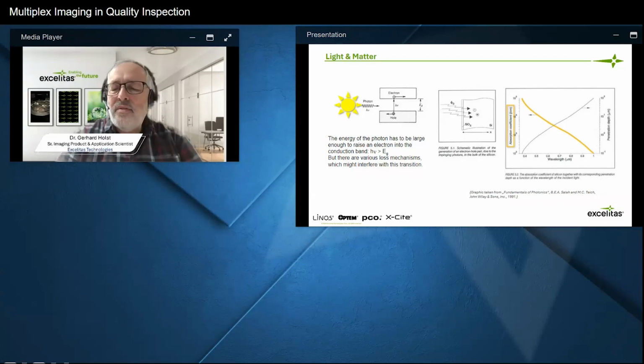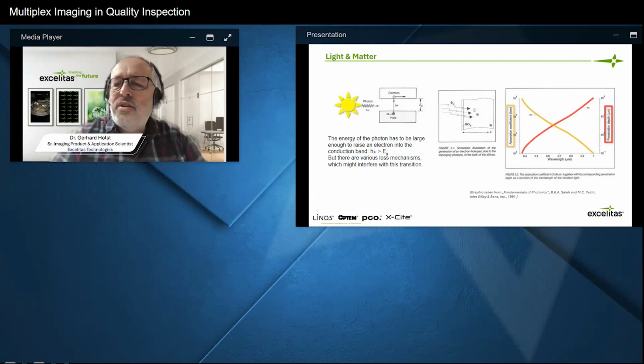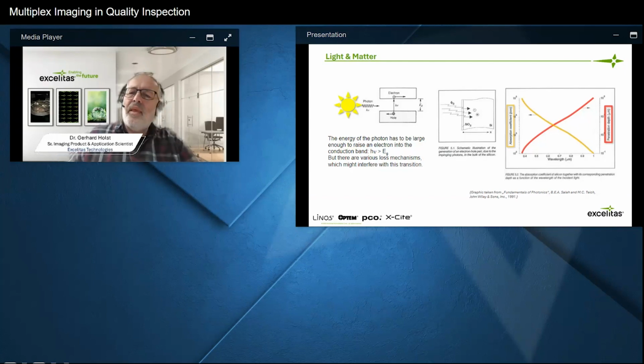Here in this graph on the right-hand side, the orange curve shows the absorption coefficient of silicon against wavelength on the x-axis, from 400 nanometers up to 1000 nanometers. You see that the absorption coefficient is going down, and at the same time the penetration depth is going up. This has an impact on the design of these detectors and image sensors. The absorption for blue light, like 400 nanometers, is very high.